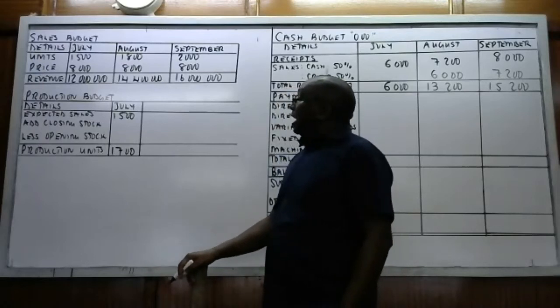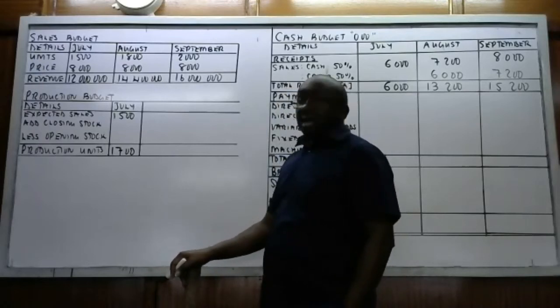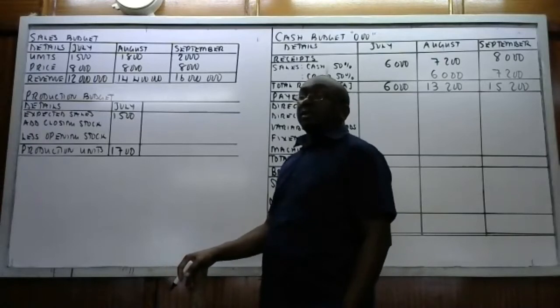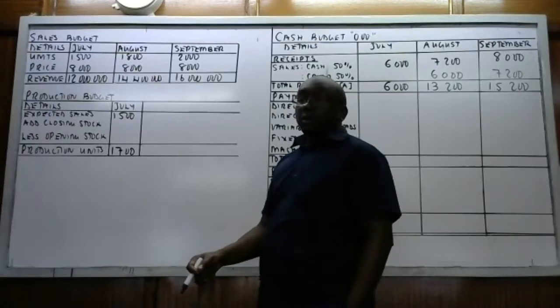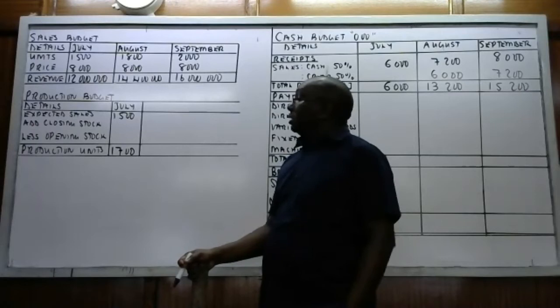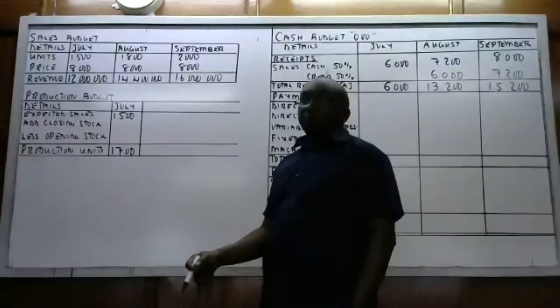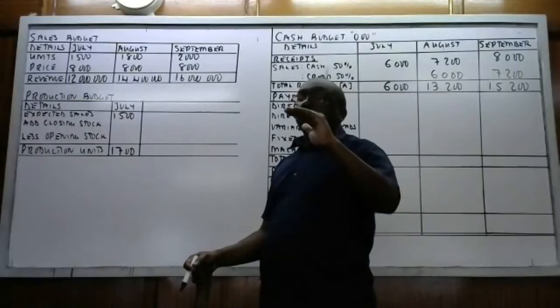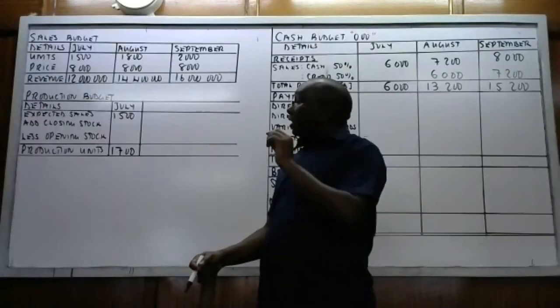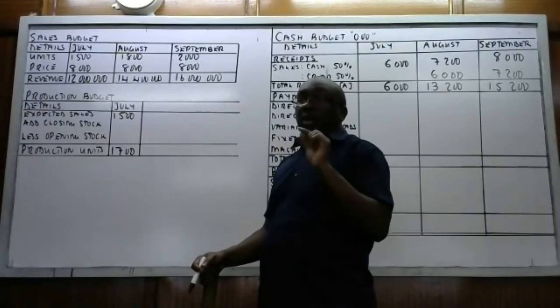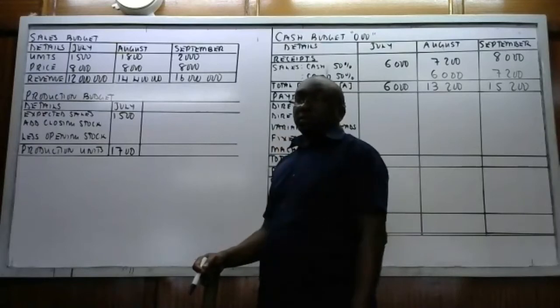If production is more than sales, the balance is the closing stock. But if sales are more, say we use 3,000, but you produce 2,000, the balance is the opening stock because you cannot sell more than what you produced.